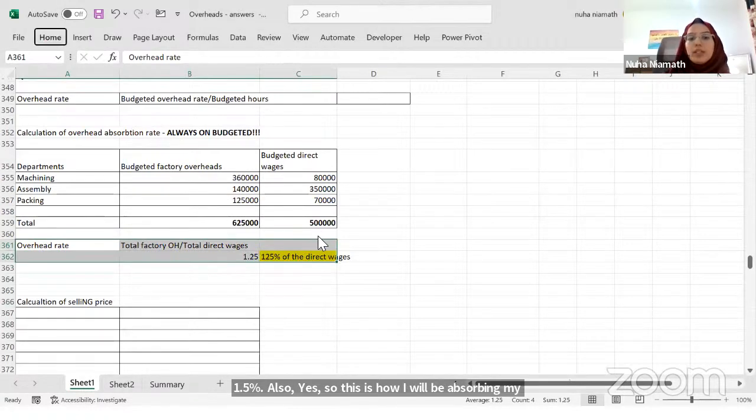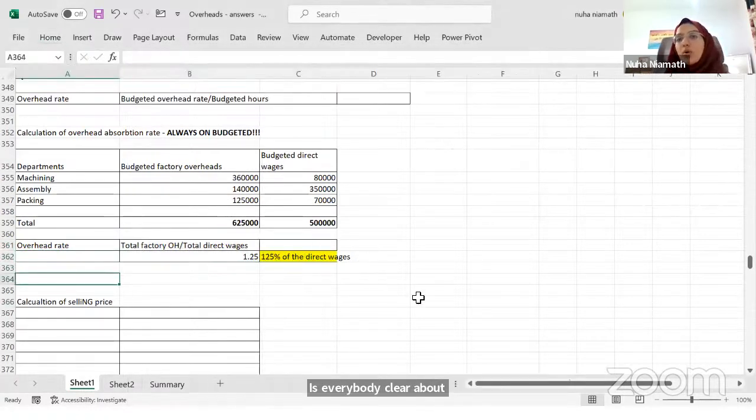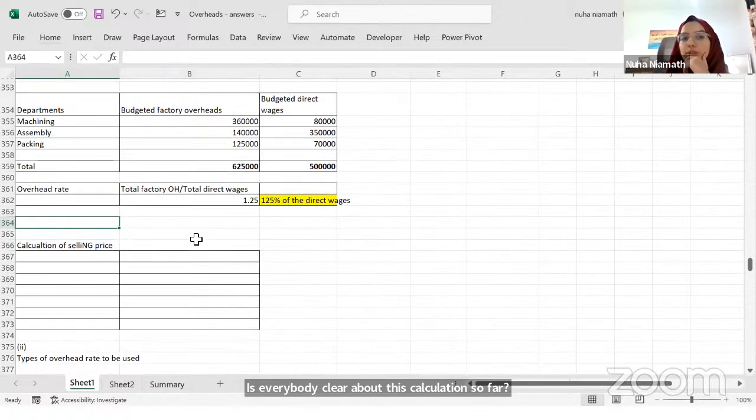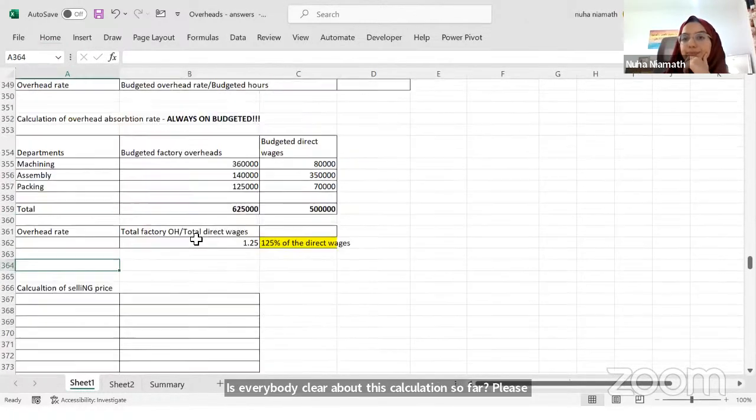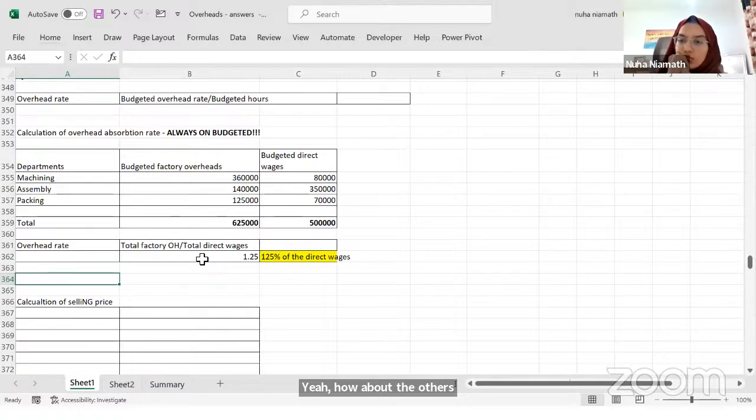Is everybody clear about this calculation so far? Please let me know in the comments so that I can proceed. Clear. How about the others? Can the others let me know where they are stuck, what they want me to repeat?